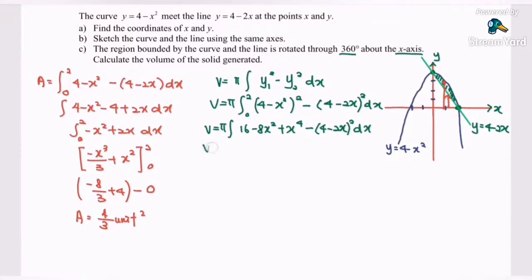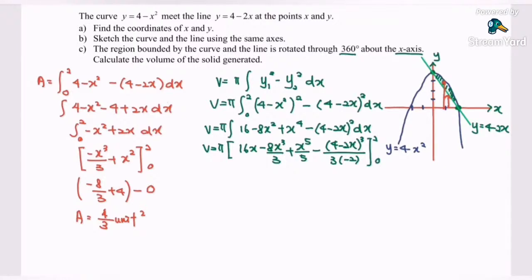So v is equals to pi bracket. We have 16x minus 8x cubed over 3 plus x to the power 5 over 5 minus bracket 4 minus 2x to the power of 3 over 3 multiplied with negative 2. So with the limit 2 and 0.